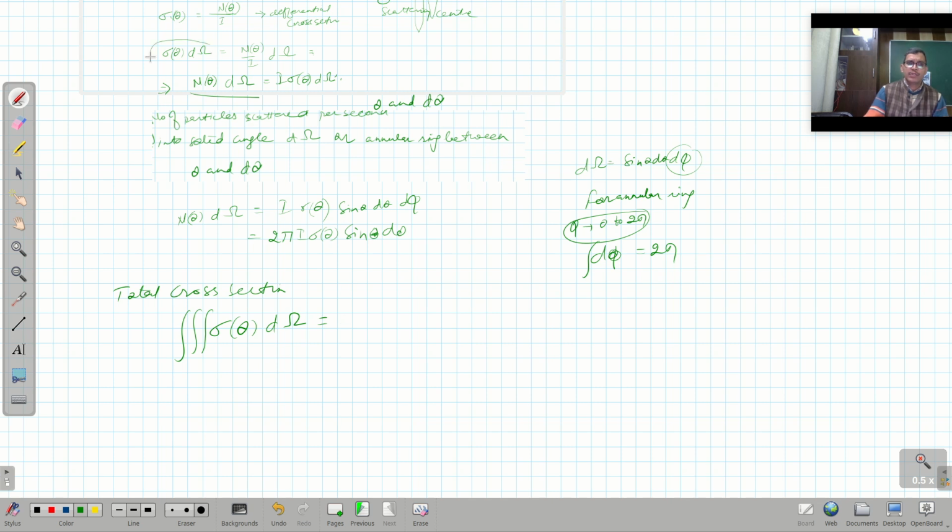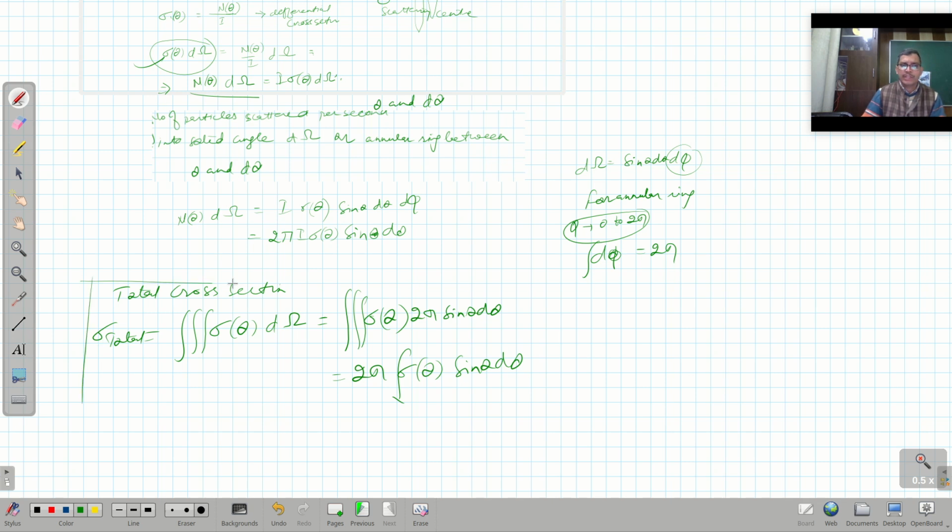Because I am interested to find out this quantity, the total cross section, it is sigma theta 2 pi sine theta d theta. Here only one quantity is changing, so I can write it as sigma theta sine theta d theta, and simply replace this triple integral with a simple integral. So this is defined as the total cross section, right?